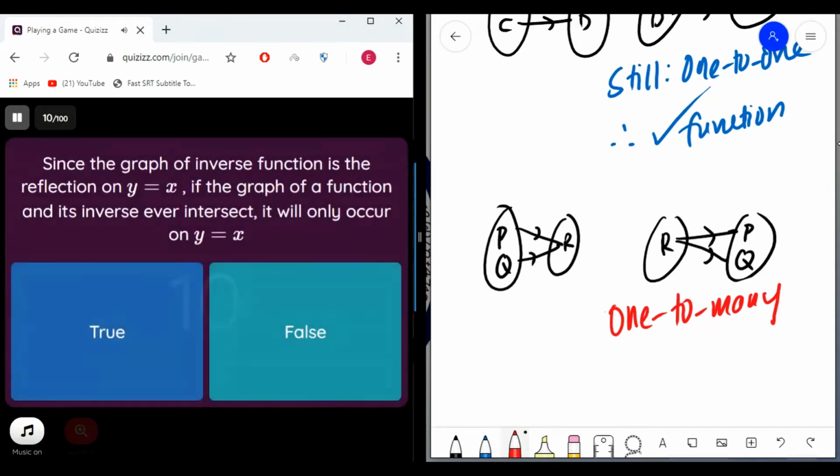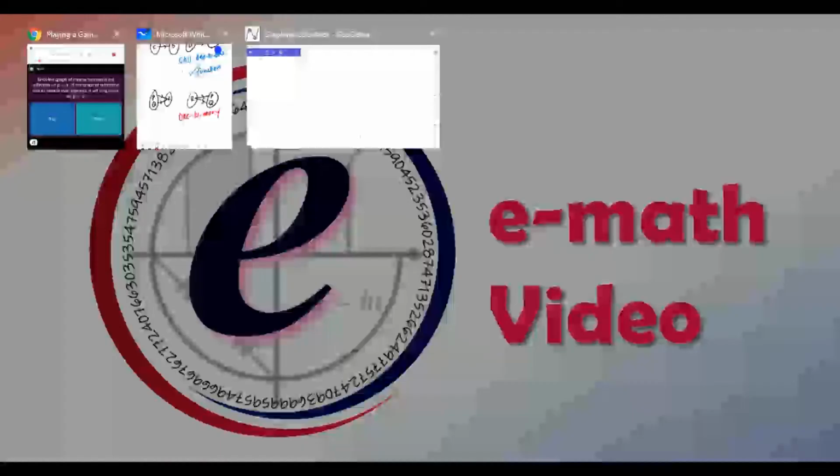Number 10. Since the graph of an inverse function is the reflection on y equals x, you should know that, right? If the graph of a function and its inverse ever intersect, it will only occur on y equals x. To be honest, at first I thought this is correct, but I'm not 100% sure. So I tested it out on a graph calculator.